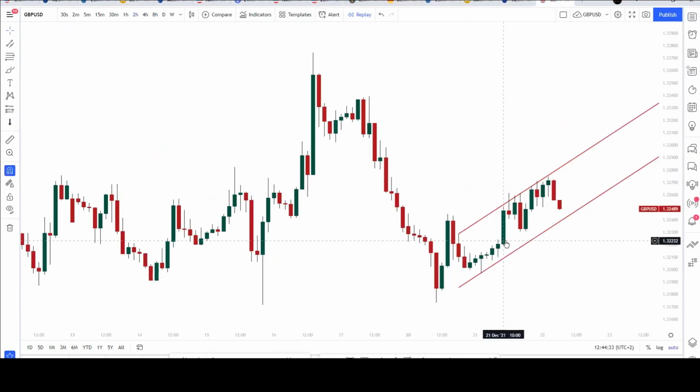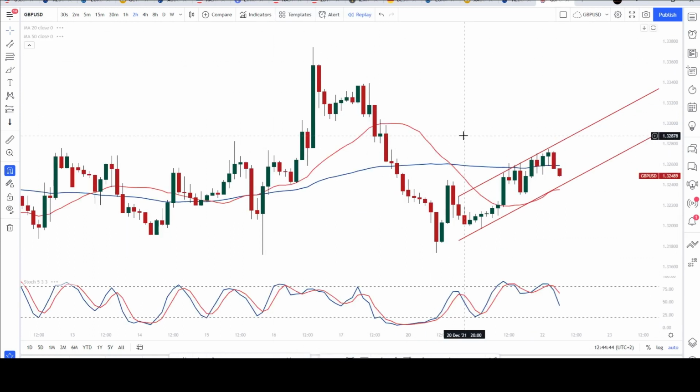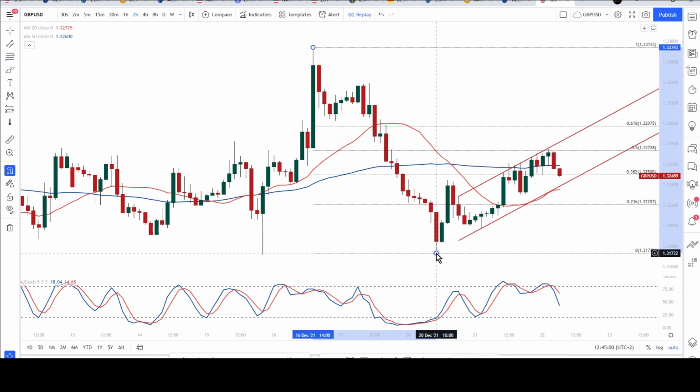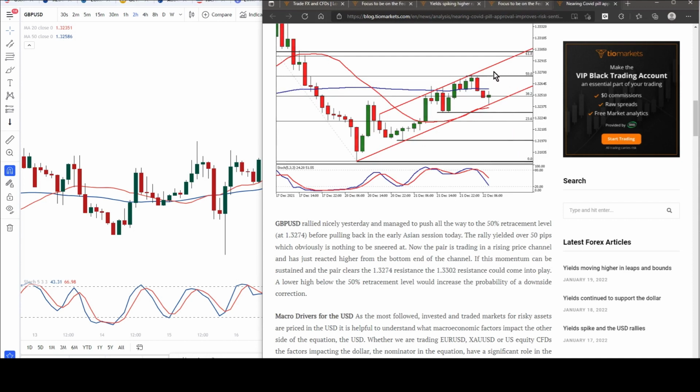So here's cable, and let me go to the templates, and I'm going to add the stochastics and SMAs here. So the big thing here was that the market was trending higher, and I think we had some support from, let me see, yeah, there was a 50% Fibonacci retracement, and I want to make sure that we, 50%, yeah, that was correct.